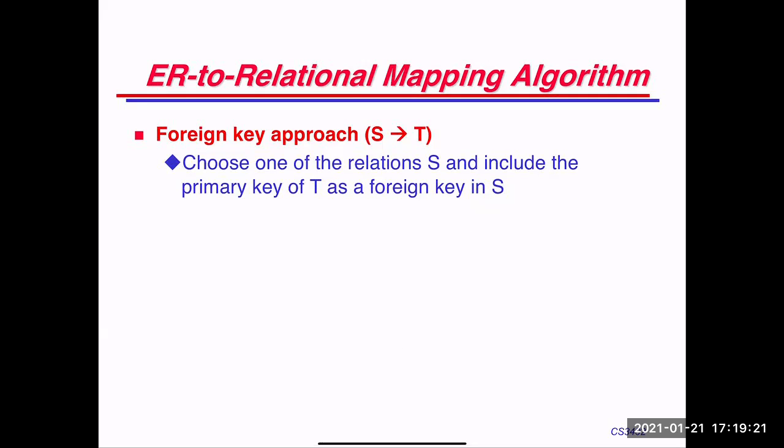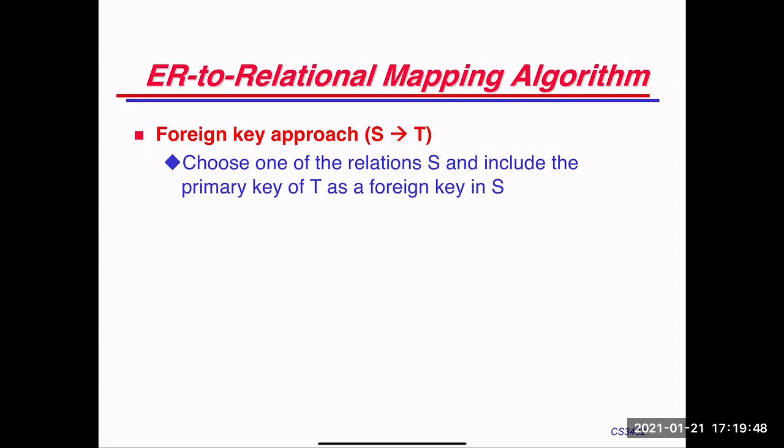So we have some relationship between S and T, and we're going to just choose one of the two relations. And note that these were entities in our ER model, right? But now they are relations because I already mapped them in the first step. Okay, so now I'm looking at the relations in my relational model. So I'm just going to pick one of the two.